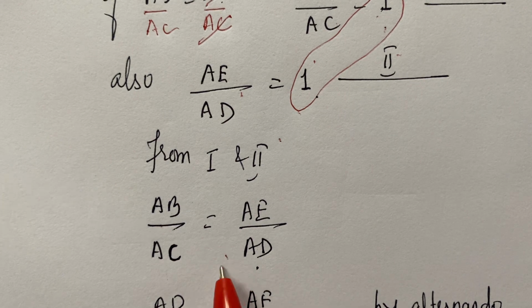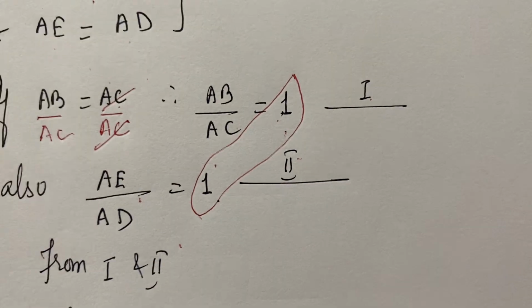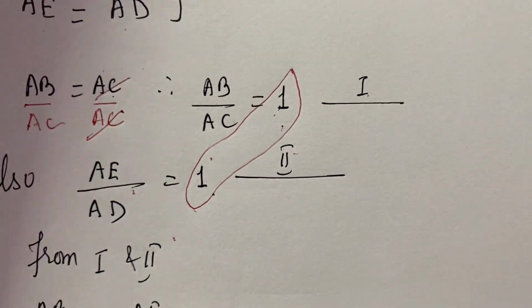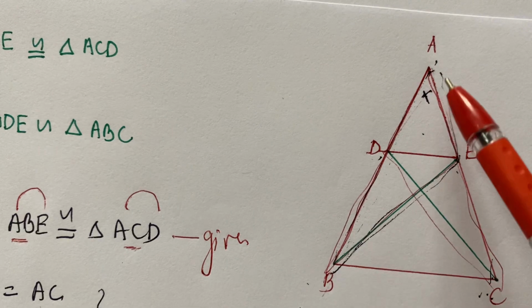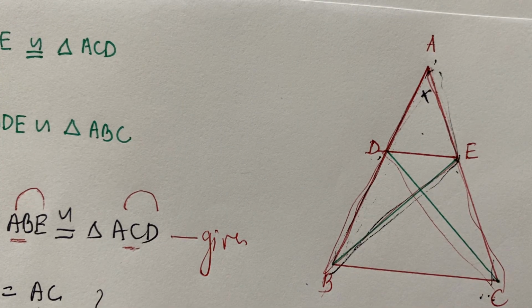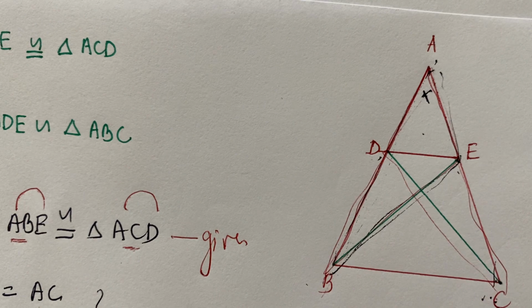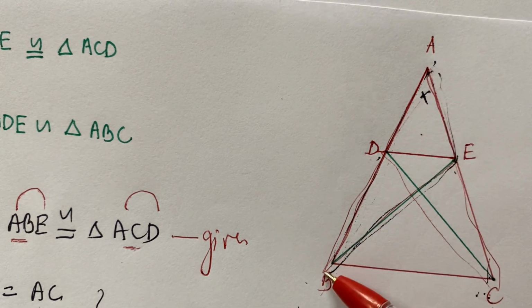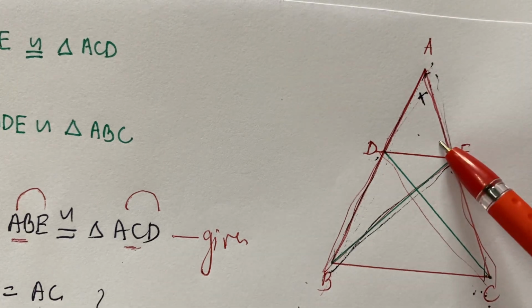Now the problem here is that the ratio that we got is the ratio of the same triangle. When we say AB upon AC, it belongs to the same triangle. When you have to prove two triangles similar, we have to take the corresponding sides of the two triangles. So the corresponding side for AB should come out to be AD, and for AC it should come out to be AE.